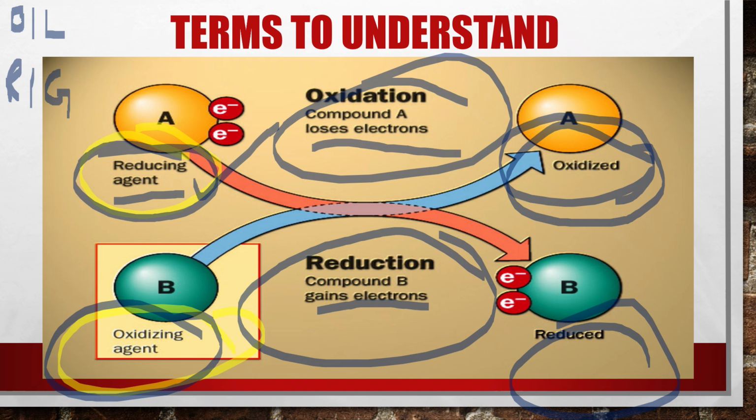OIL RIG means oxidation is loss of electrons, reduction is gain of electrons, and the substance that loses electrons is reducing agent and gets oxidized. The substance that gains electrons is oxidizing agent and gets reduced. I hope you understand this concept.